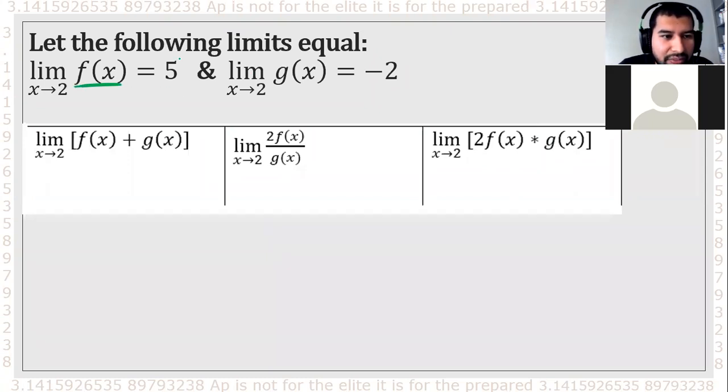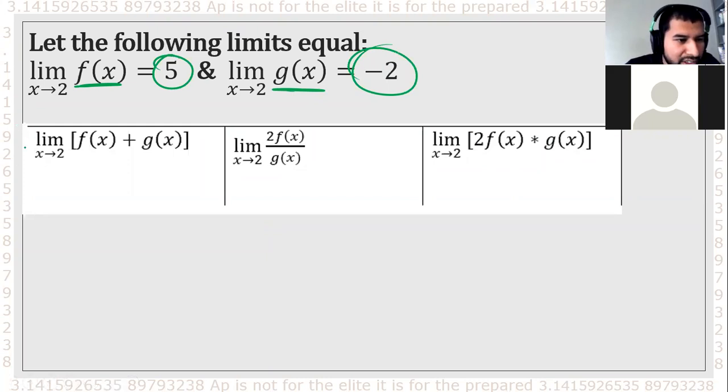f of x is 5 now, and g of x is -2. So you can go ahead and put the answer in the chat box. What will this one be?